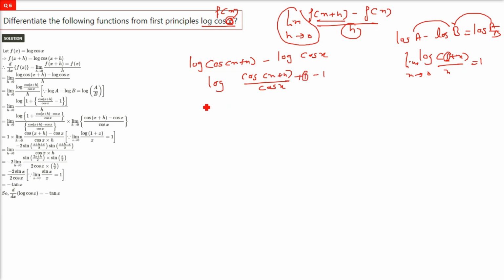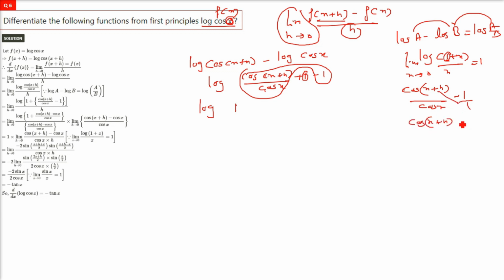So keep the 1 aside like this, log 1. And the other part, which is cos(x plus h) by cos x minus 1. Let us solve it in a different place. So cos(x plus h) by cos x minus 1 is cos(x plus h) minus cos x divided by cos x. Alright.